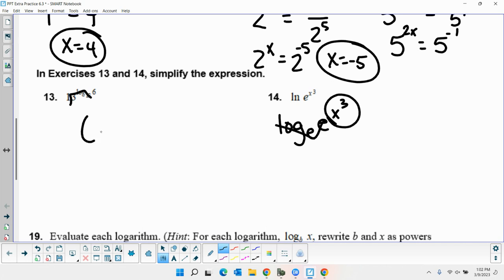Log base 13 cancel. So it's a 6. Don't have to do anything on those. Really easy. So when you see ln and you see an e after it, they cancel each other out. Natural log of e is 1. Okay?